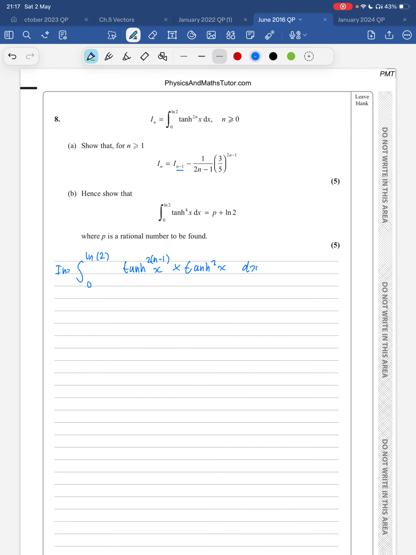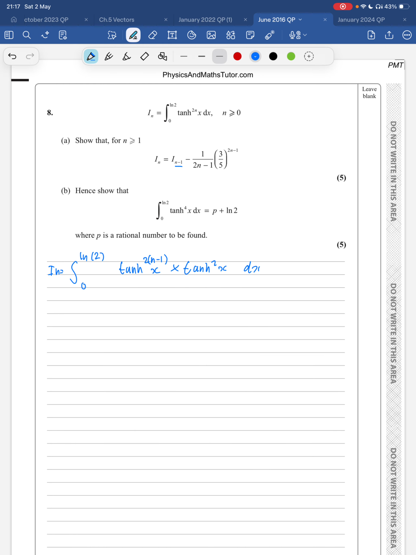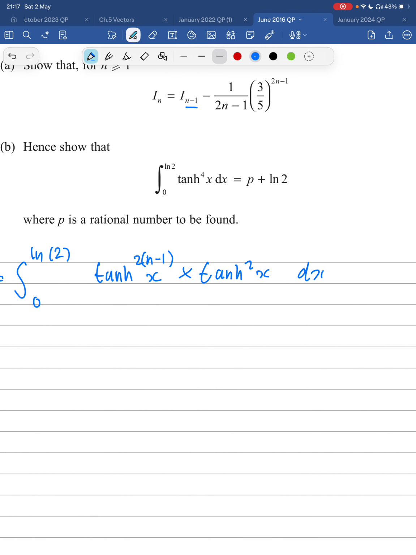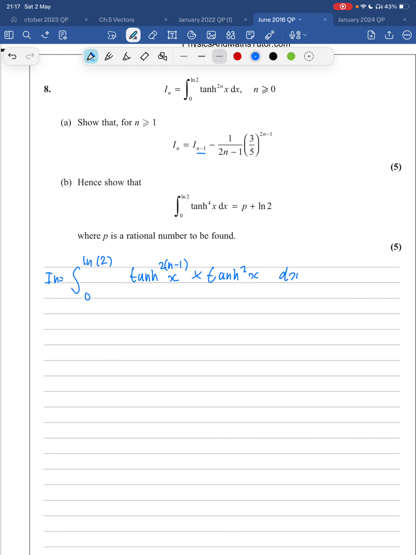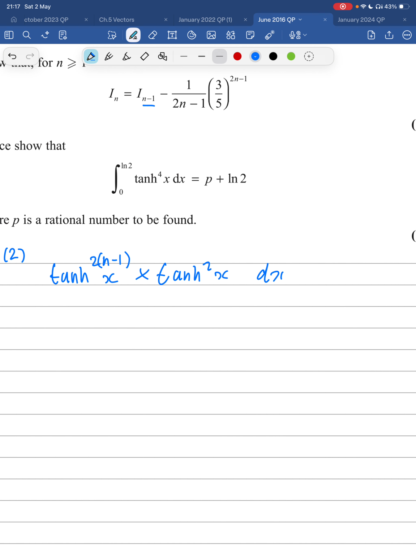Alright, so what's the next step? Usually when it comes to reduction formula, lots of people go straight into integration by parts. That is usually a very feasible option. However, for this one, it isn't, and you need to think of a way to isolate this tanh^(2n-1), and that way would be to turn this into a different identity.